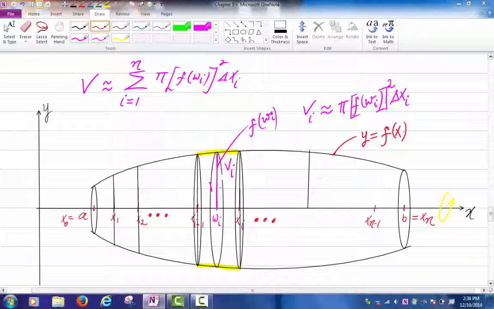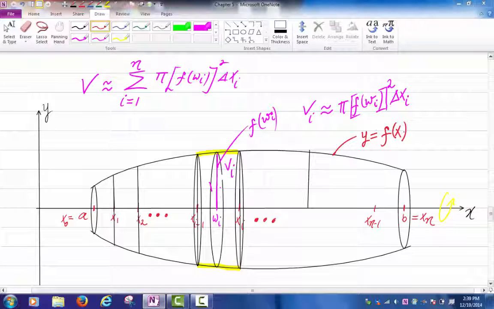Then I am going to cut the solid at x1, x2, all the way up to xn minus 1 by using vertical planes. Is everybody okay?